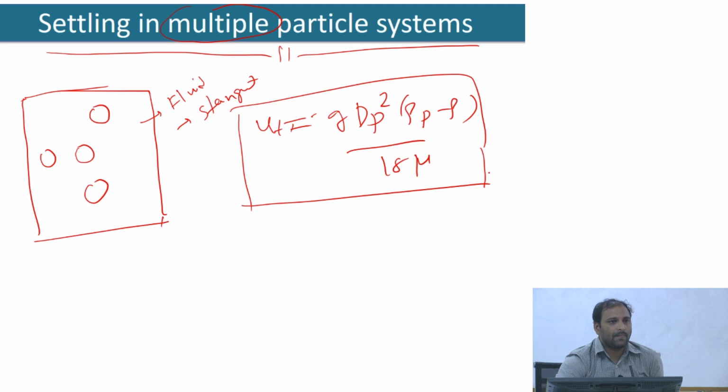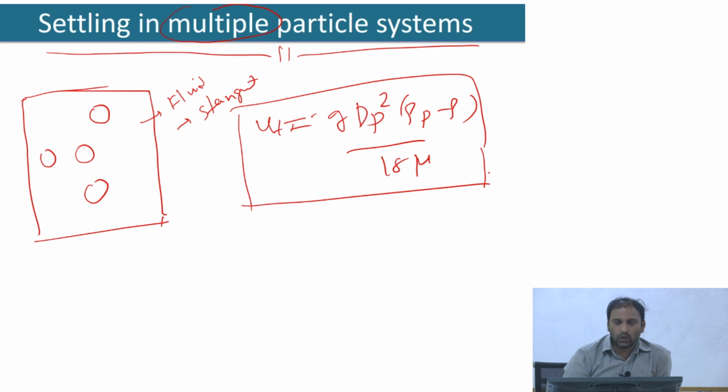Do you think that whatever formalism we have had for single particle settling can be used for a multi-particle system? Yes, no? It turns out that you can still use it, but under certain conditions.